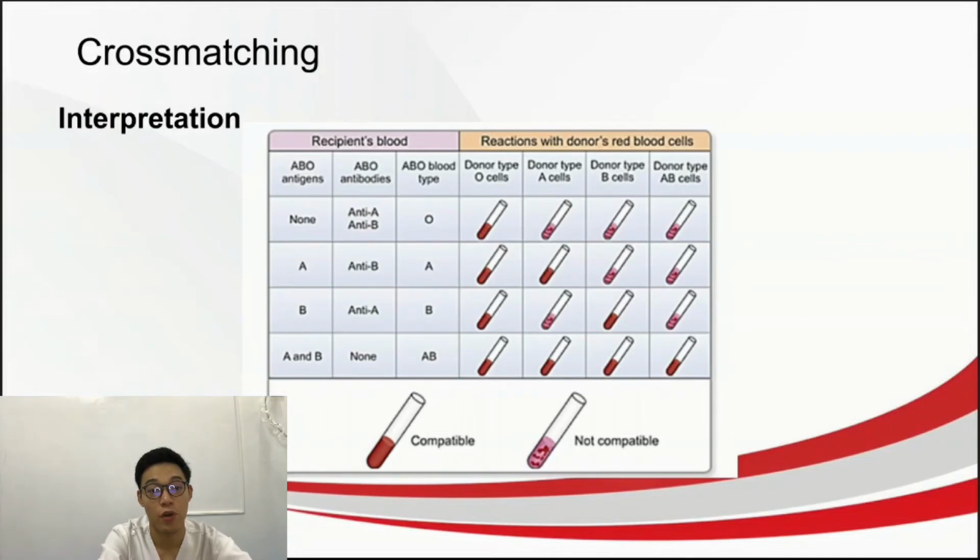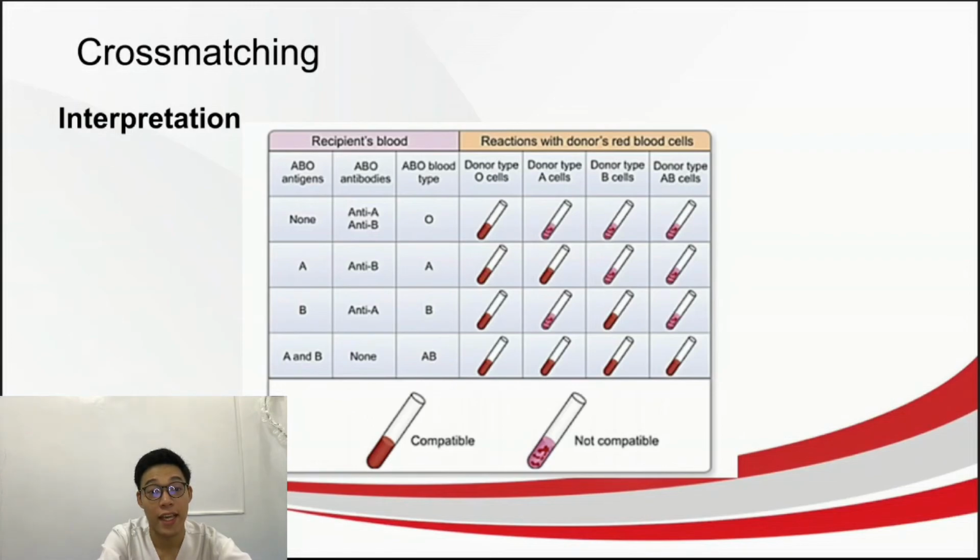So in the first row, none. So if the antigens is none, the ABO antibodies are anti-A and anti-B, which means the ABO blood type is O. So the compatible ones are only for the O type cells.